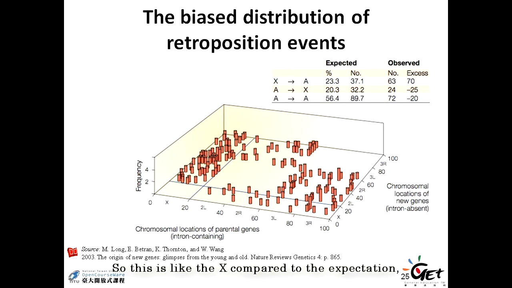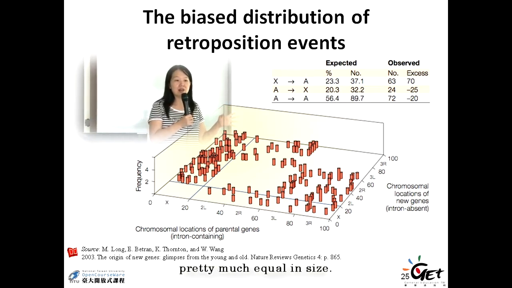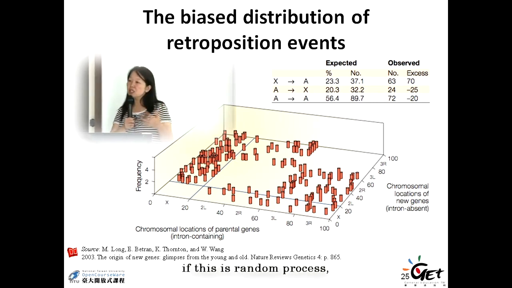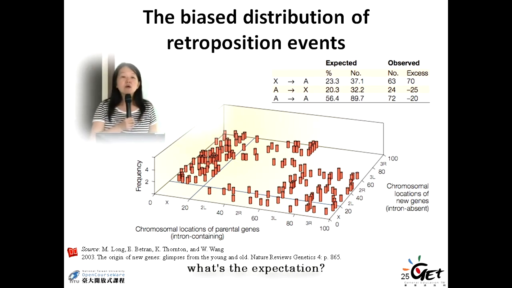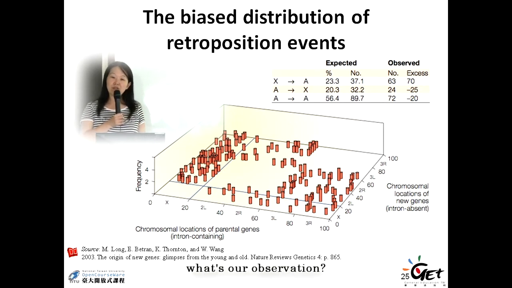This is compared to the expectation, because we can simply calculate the probability if this process is random. Because all the chromosome arms are pretty much equal in size, you can just say, if this is a random process, what's the expectation? And compared to the expected number, what's our observation?